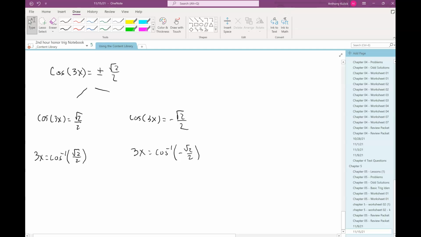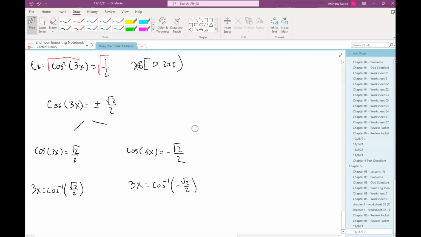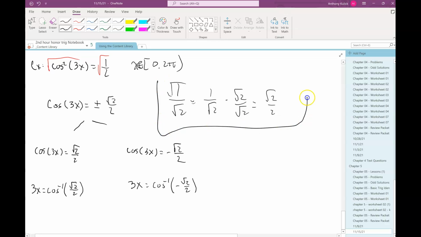How did you get from a half to root 2 over 2? So the square root of 1/2 is the square root of 1 over the square root of 2. And then I rationalize the denominator. Cool?